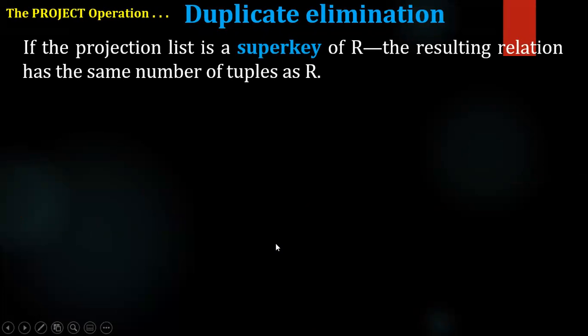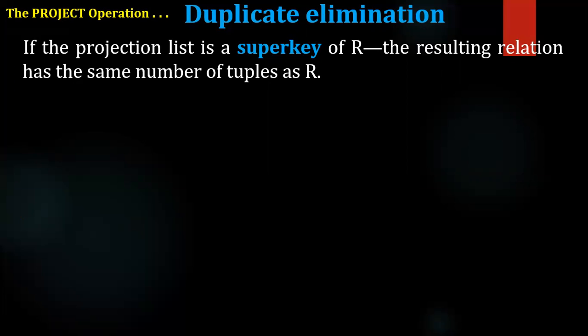But whenever we apply the project operation, the number of tuples will be the same as in the original relation if we are retrieving the column which is behaving as a super key, which means it is unique. A super key is a set of attributes which is used to identify two tuples in the relation uniquely, that is, to identify the uniqueness of the tuples in the relation.